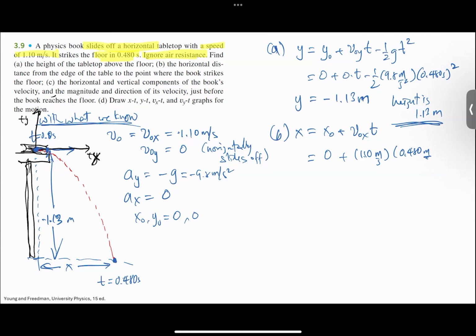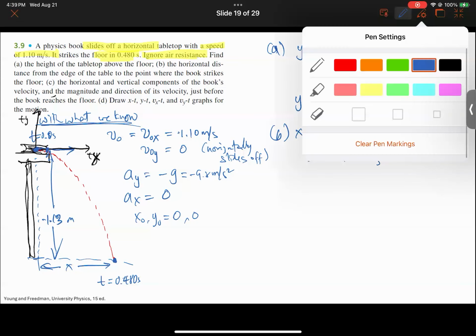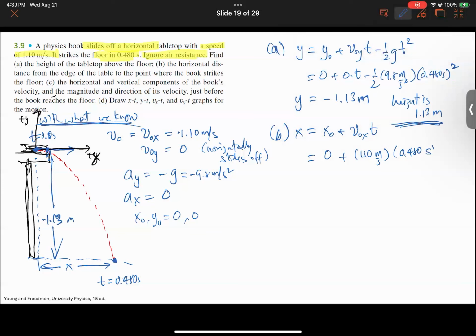Oh, sorry, seconds. Okay, so ang x ngayon is 0.528 meters. Okay. So that's about half a meter.